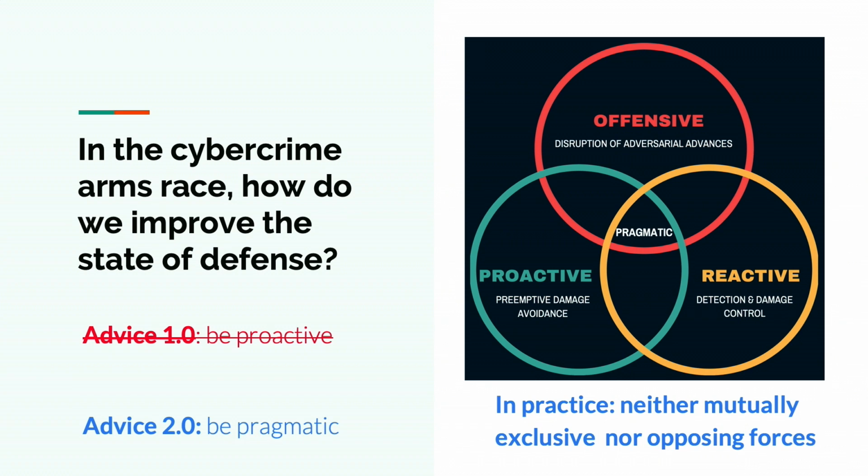So circling back to the question I asked at the beginning, this holistic question of, in the cybercrime arms race, how do we improve the state of defense? Well, when I told you about the controlled probing of exploit kits, I was talking about the reactive strategy because the characterization was built after the fact.